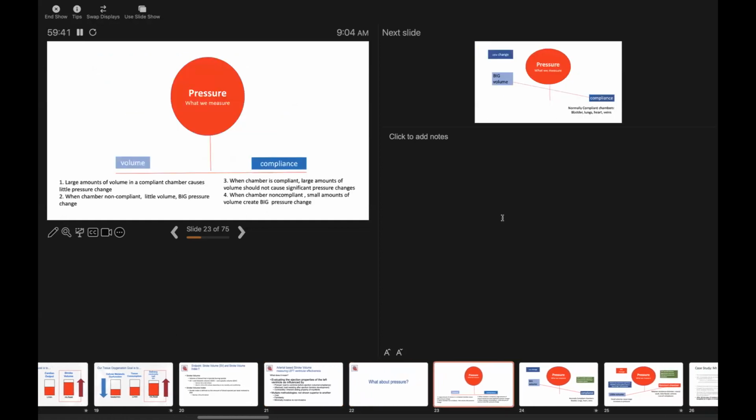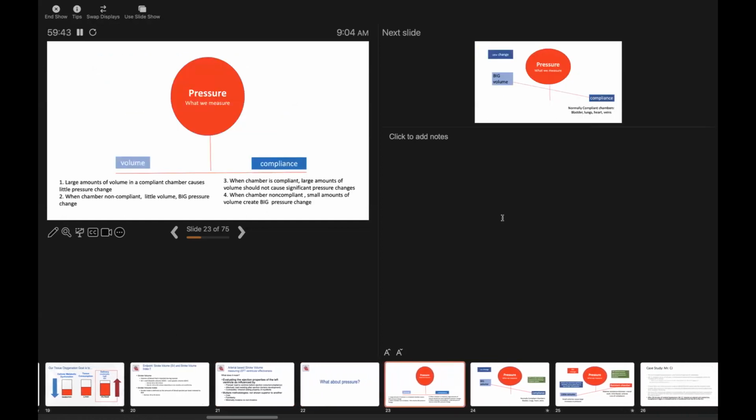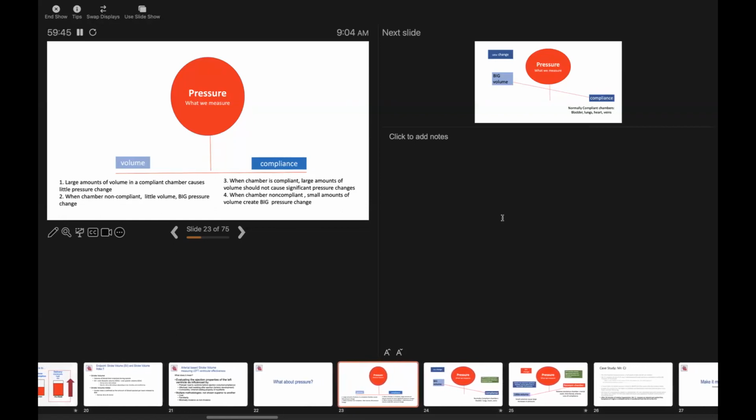Just want to remind you, I think we've seen this before. We talk a lot about pressure. We talk about arterial blood pressure. We talk about PA pressure. We talk about central venous pressure. Pressure is always about the relationship of volume to compliance. So can I get your blood pressure up aggressively by giving you volume?